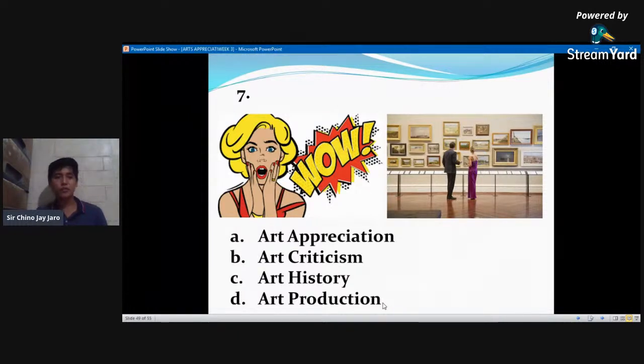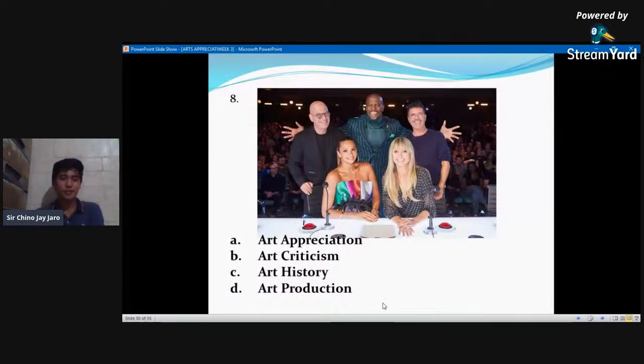So, tapos na tayo dito. Based sa inyong picture na nakita, ano kaya yung division ng art study ang pinapakita dyan? So, sa number 8, ano kaya ang pinapakita ng picture na ito?